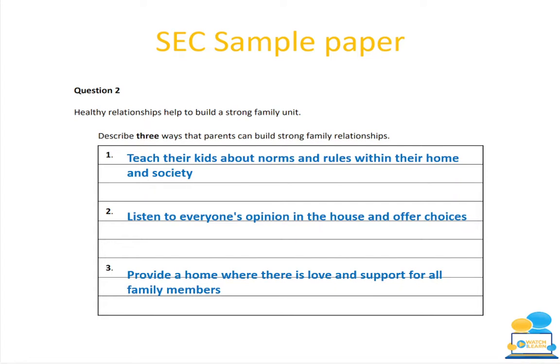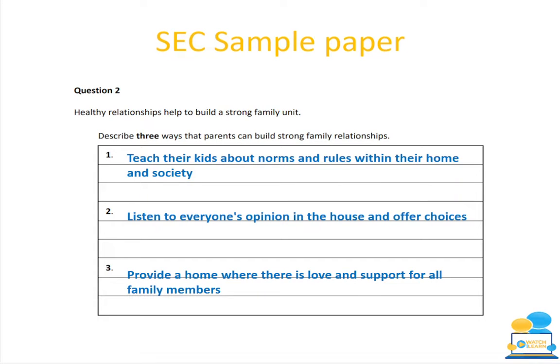A second one could be they listen to everyone's opinion in the house and they offer choices. For example, offer a variety of breakfast cereals, or offer, I don't know, Cheerios and toast, so the child can decide what they want, so that there won't be confrontation first thing in the morning.